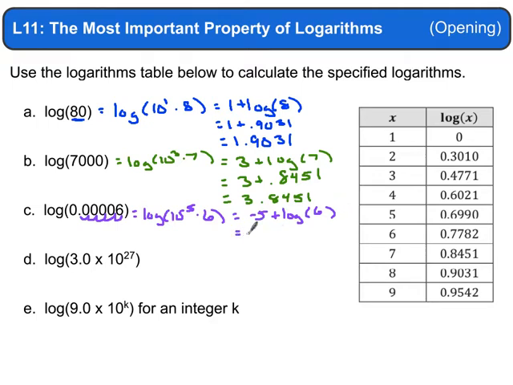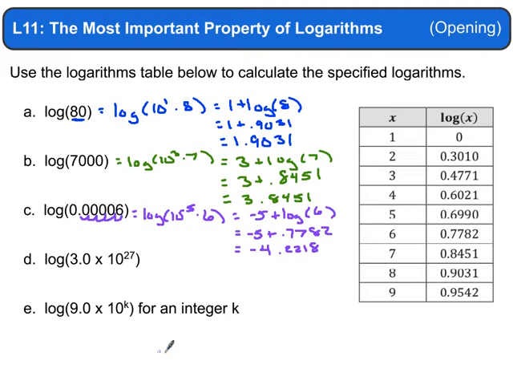We look it up, and log 6 is 0.7782. So we add those together, and you might want to grab a calculator if you're not certain on this, because this is a negative 5. You're going to get negative 4.2218.